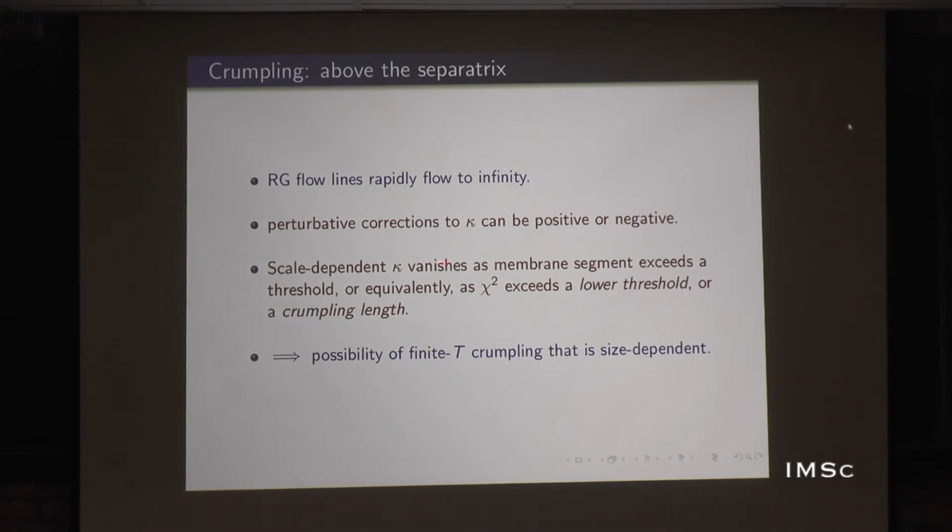So you can show, and I will show in the next slide, that perturbative corrections to the bend modulus due to the long range interactions can be positive or negative.